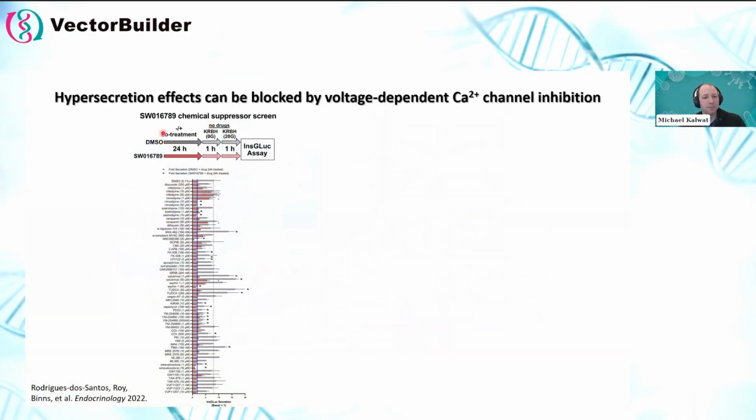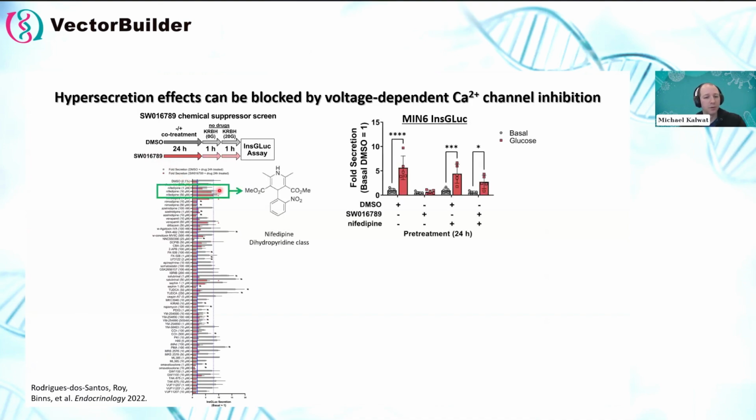We did a chemical suppressor screen. What we did was treat the cells overnight with either a vehicle or the hypersecretion-inducing compound, and we also co-treated with a variety of other inhibitors of different pathways to identify which drugs could protect the cells against this hypersecretion stress. And one of the only classes of drugs that was able to protect the cells against this stress were voltage-dependent calcium channel inhibitors.